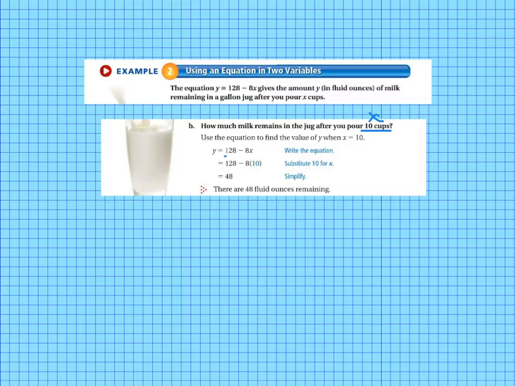So we take 128 minus 8 times x. So we write the equation first, and then we substitute 10 for x. So 128 minus 8 times 10 is 128 minus 80, and that equals 48. So y equals 48. So there are 48 fluid ounces remaining.